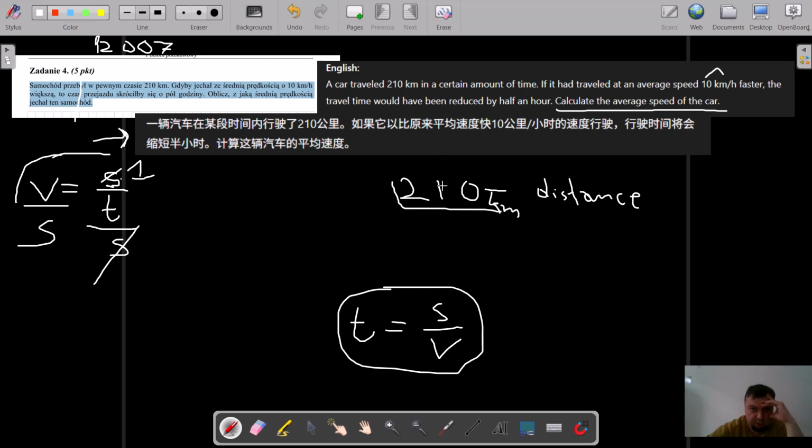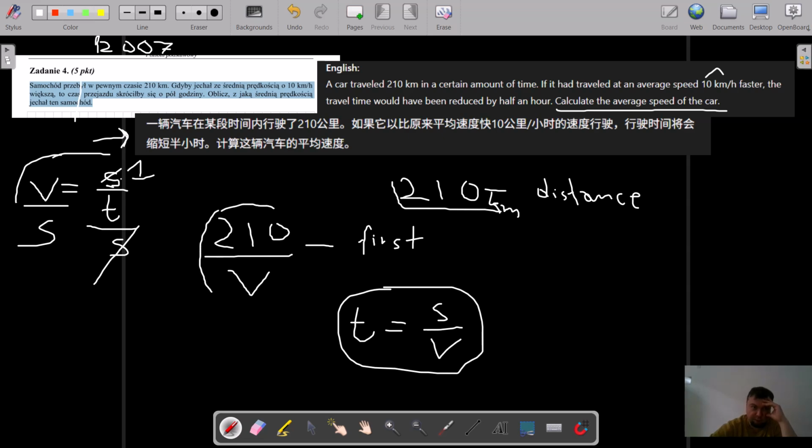You need to know what the first time is, because we only know the time partially, right? So we know that the first time was distance 210 divided by v, by speed, right? This is the first time. First, we can derive how much time it took.